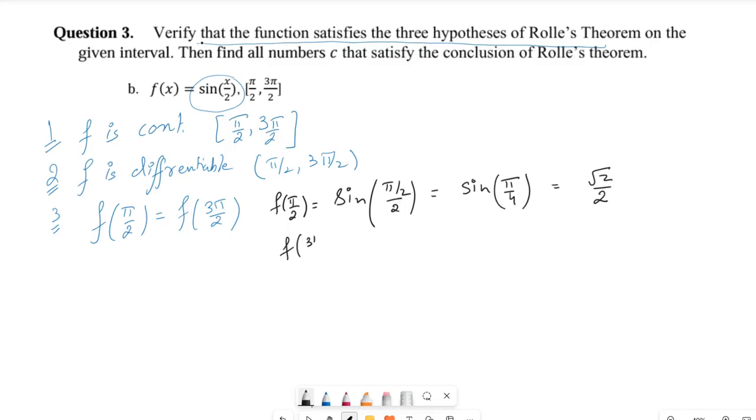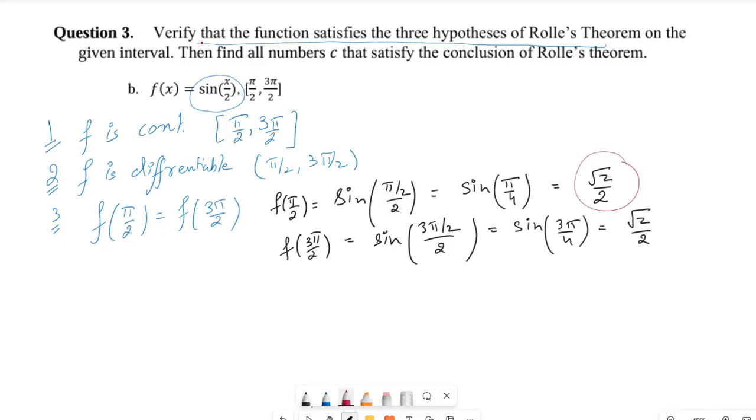What is f of 3pi/2? Which is sine of (3pi/2)/2. Basically sine of 3pi/4, which is also root 2 by 2. You guys notice these both things are equal to each other. So all three conditions of Rolle's theorem are verified. We are good with that verification.